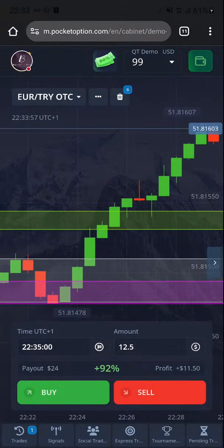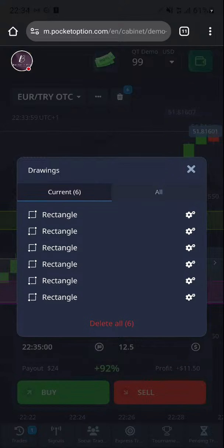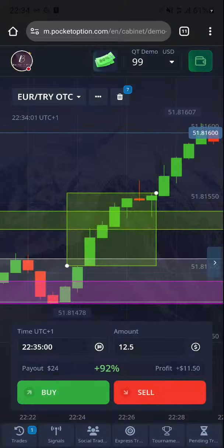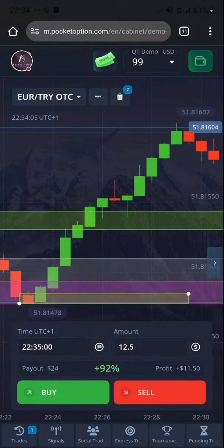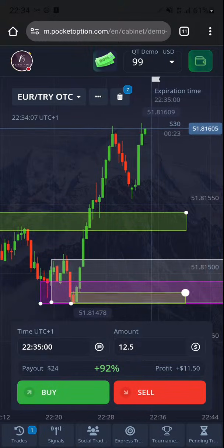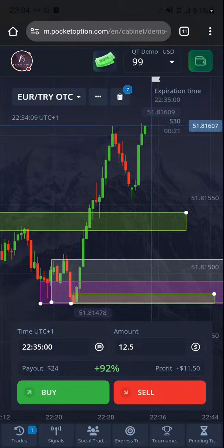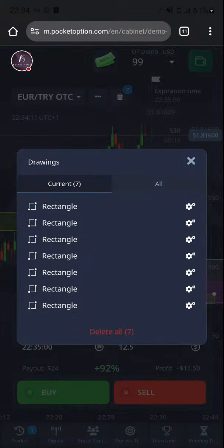Okay, we still have another one down here. You see, this entry down here is actually the best entry if price can come there. Most of the time price don't always come to the best entries, but we're still going to mark it.